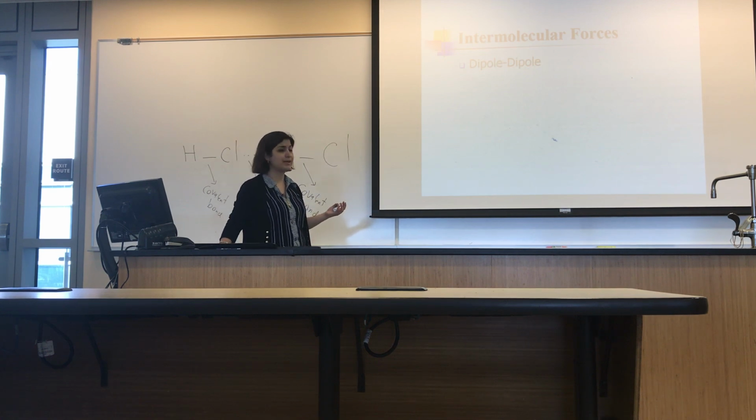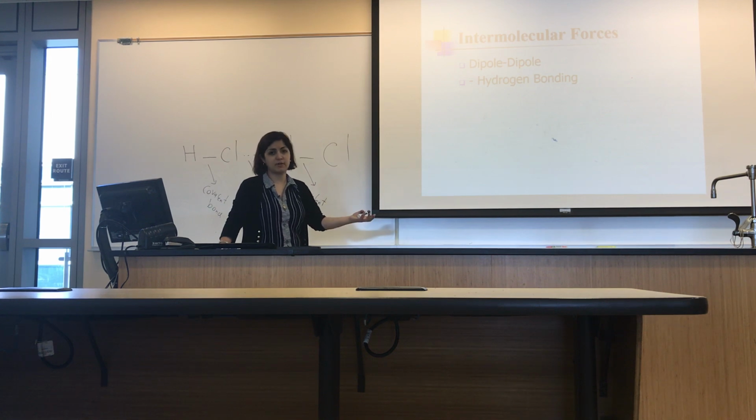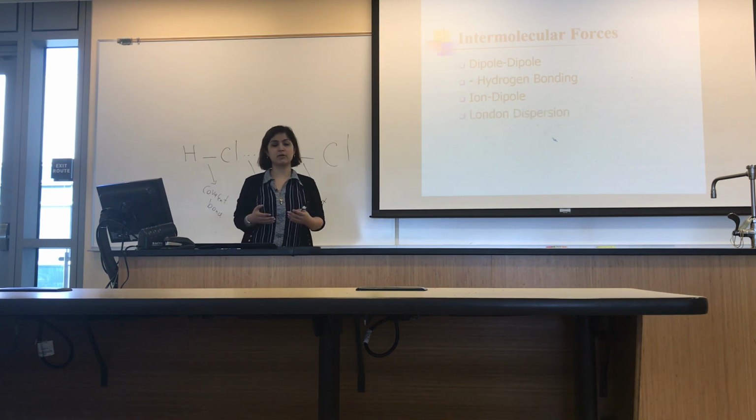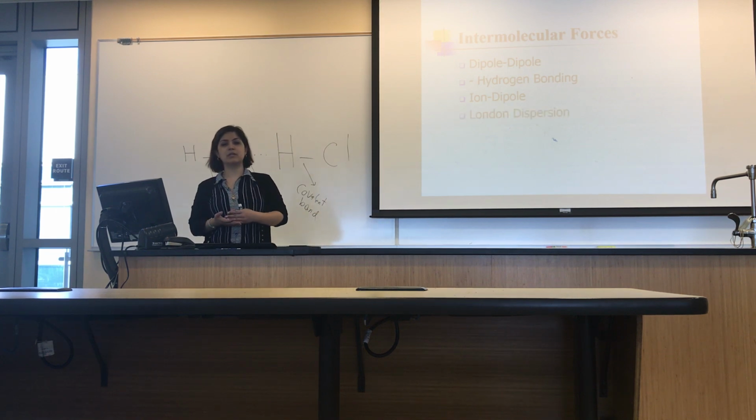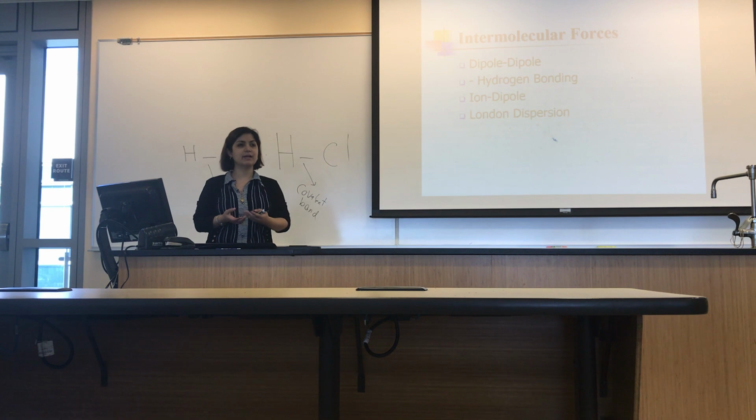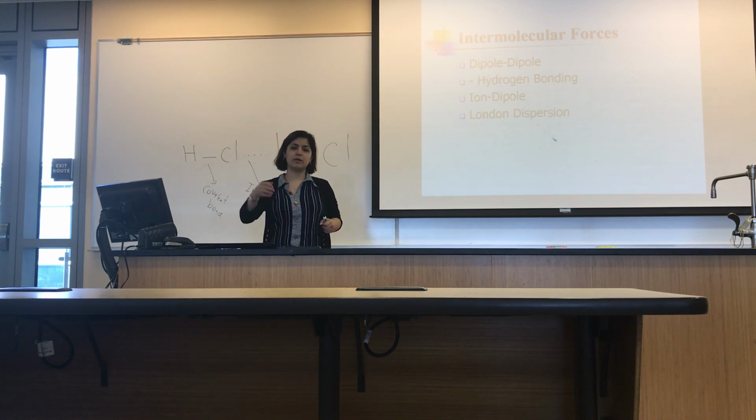Dipole-dipole interaction, one subtype of which is hydrogen bonding. We're going to talk about it. Ion-dipole and London dispersion. So from now on, when you see an interaction between two molecules, you can name it. You can say, okay, I know that's a dipole-dipole, I know that's an ion-dipole, and you will be able to recognize them.